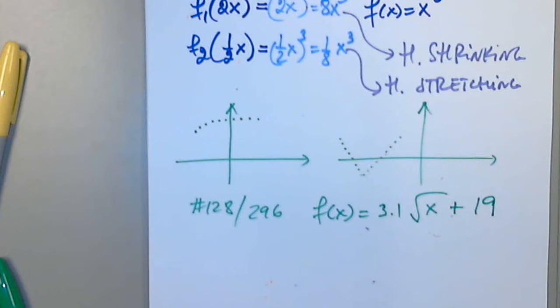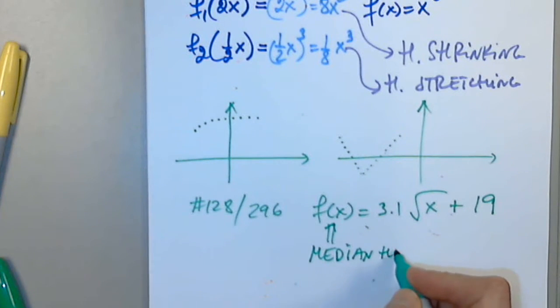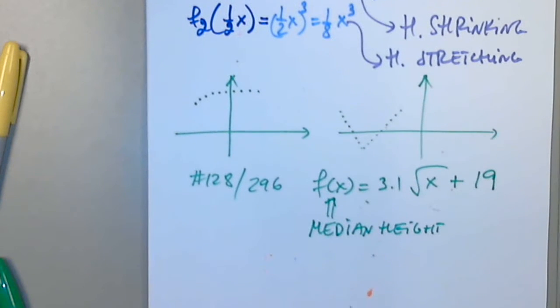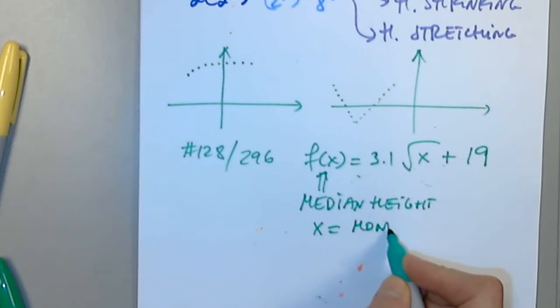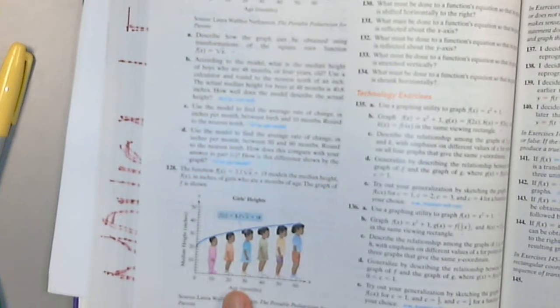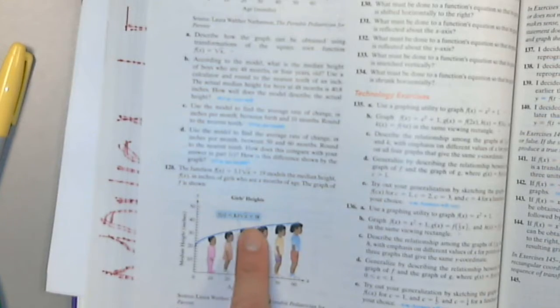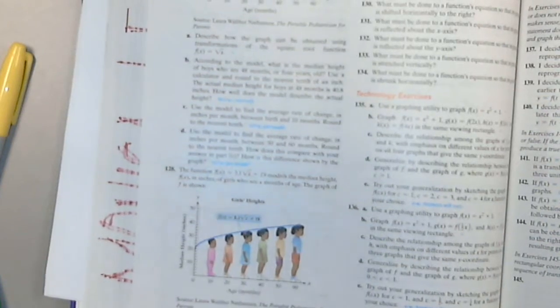They say that it models the median height, I'm taking notes when I read, the median height of girls who are x months of age, or age in months. The graph of f is shown. Here's the graph. It's very clear. It's a vertical stretching by a factor of 3.1 and up 19, which we know now.